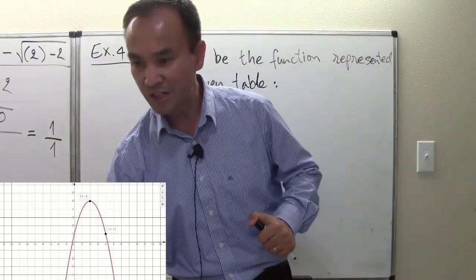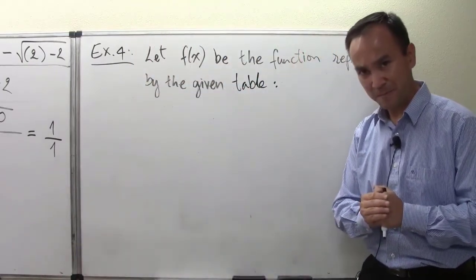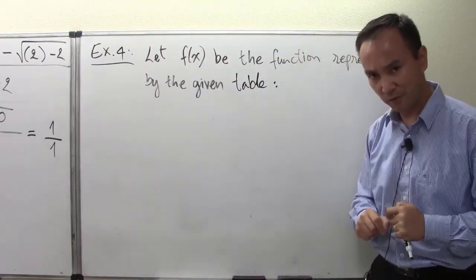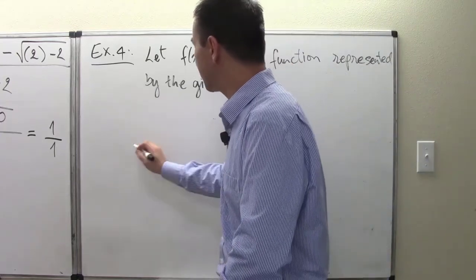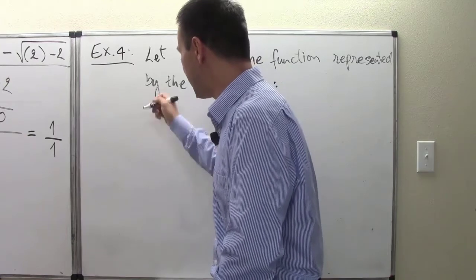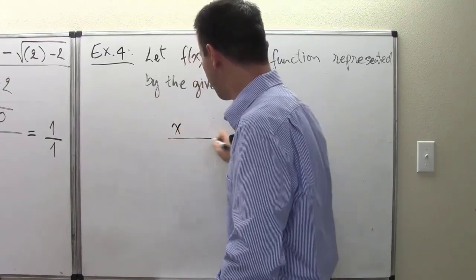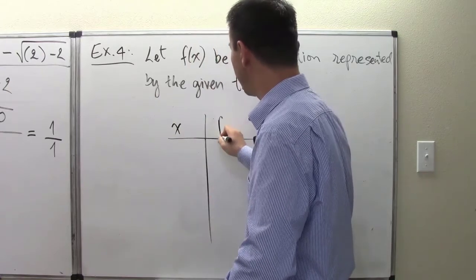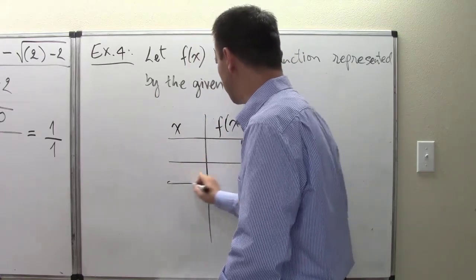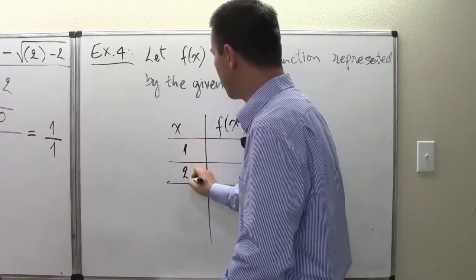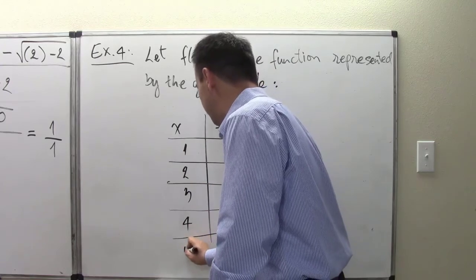And so now we no longer need that graph picture there. Okay, so here's a table for example 4. All right, so the table allowed me to use a column view right here. So the x is the inputs, and the value for f of x is the output right here. So how about 1, 2, 3, 4, 5.